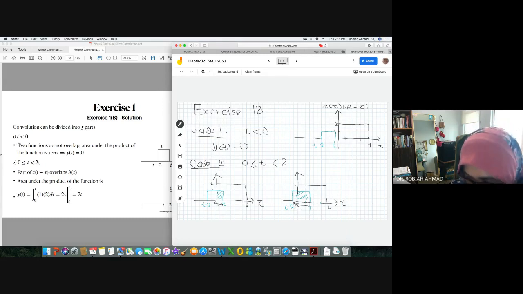Yang ni lah, the shaded one is between 0 to t. And then we have 2t. Okay, jadi kalau kita nak buat tu from 0 to 2, it is a graph of t with gradient 2.